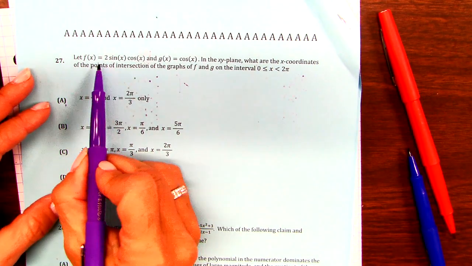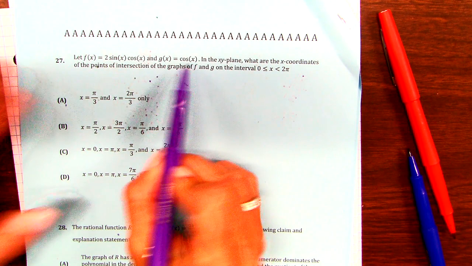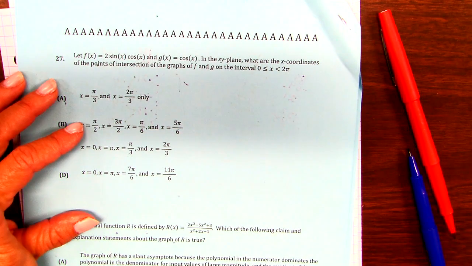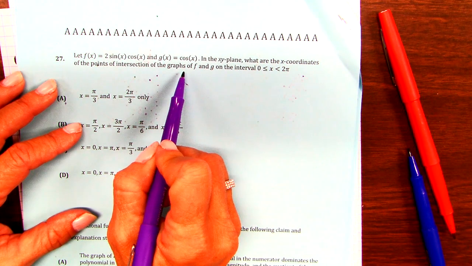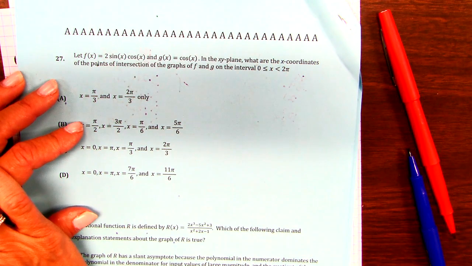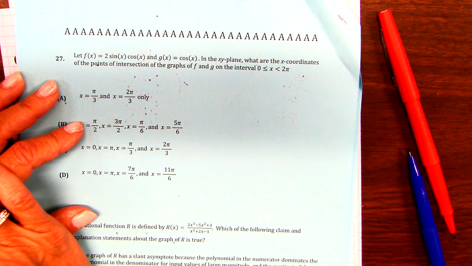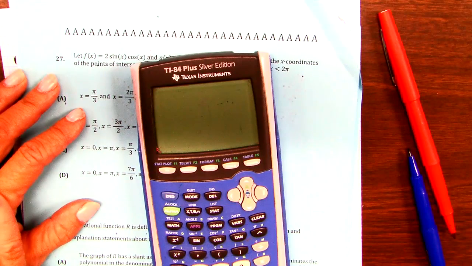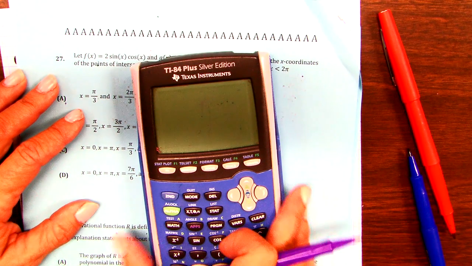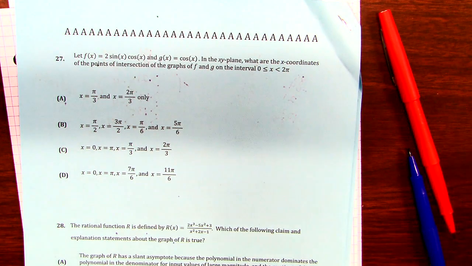Okay, so let f of x equal this, let g of x equal that. So we have two different functions. And what we want to know is what are the x coordinates of the points of intersection of the graph. We had a problem just like this yesterday, where we talked about finding the intersection on a graphing calculator. We'll practice it. I think it comes up tomorrow, doing it in our calculator.